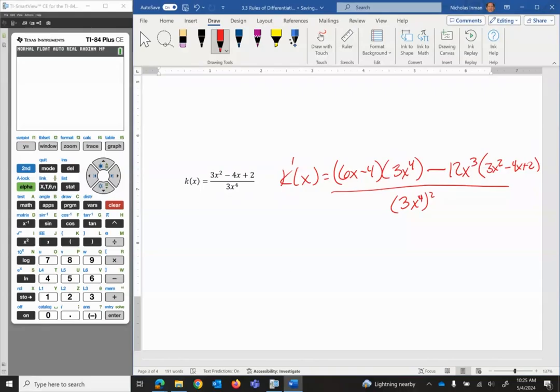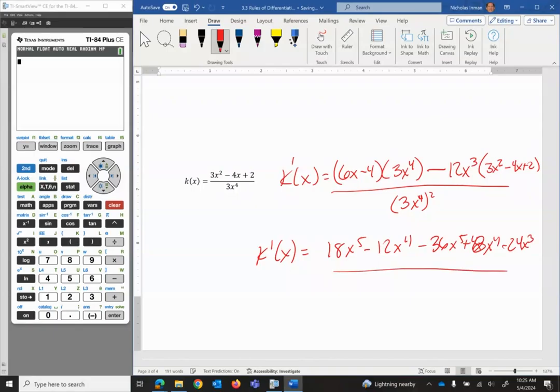All right, the top can reduce a little bit. 18x to the 5th minus 12x to the 4th minus 36x to the 5th plus 48x to the 4th minus 24x cubed over the bottom 3 squared.